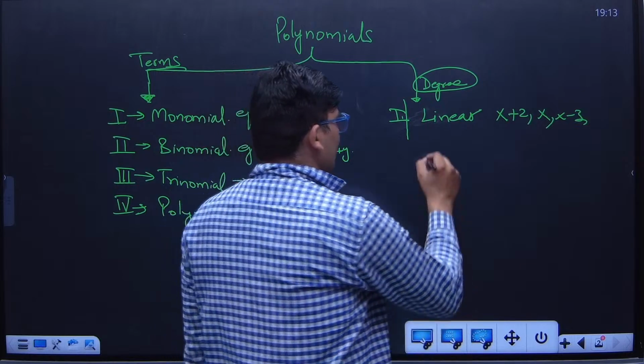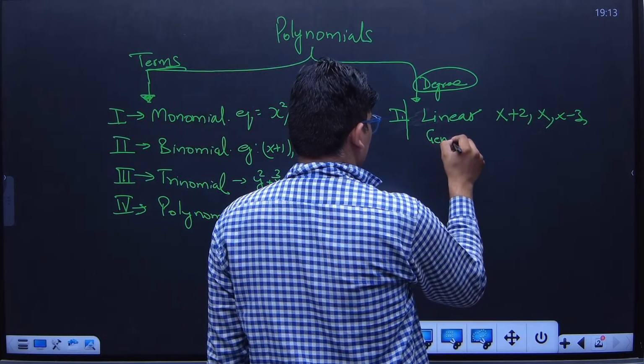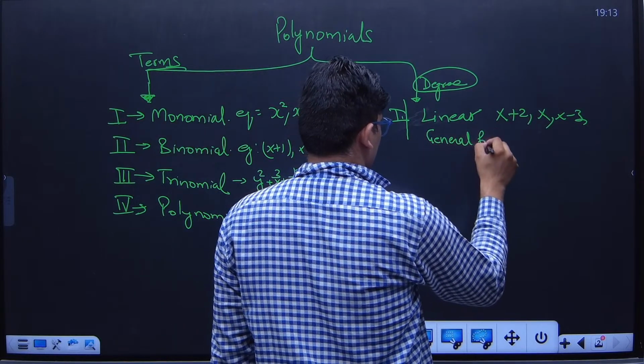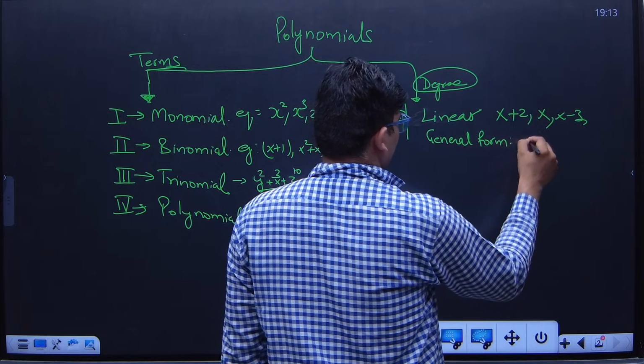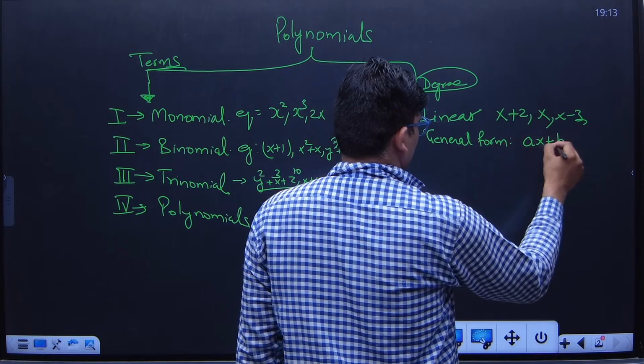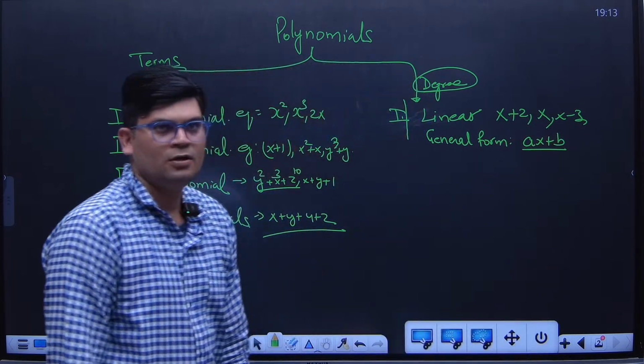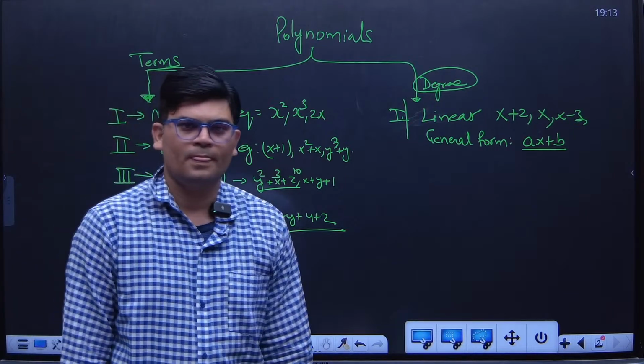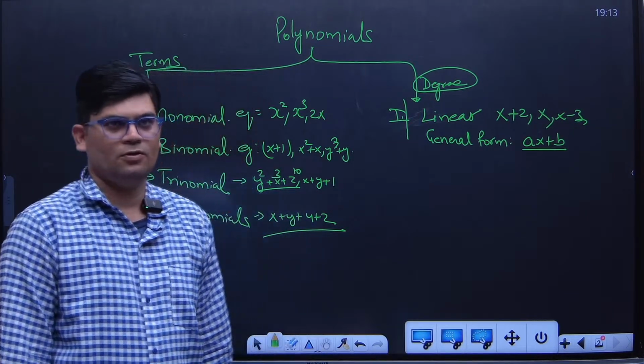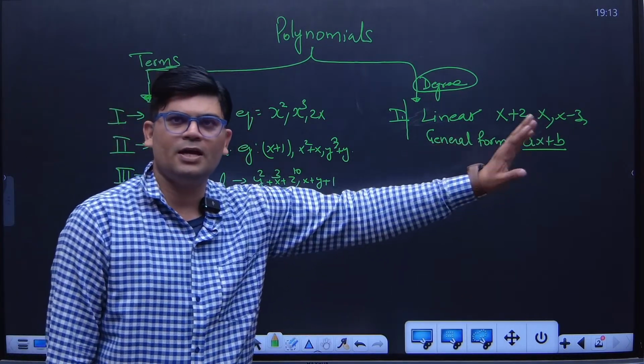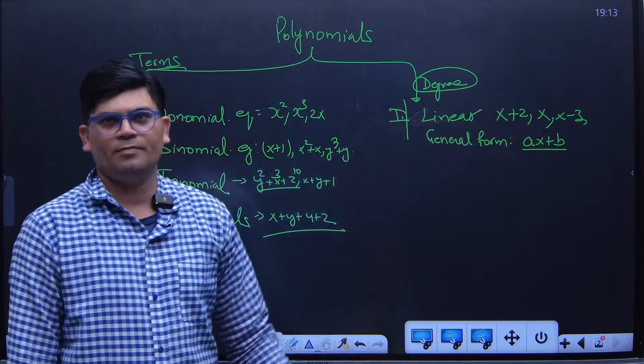I am also going to write the general form. The general form is ax plus b, where a and b are constants and x is a variable.